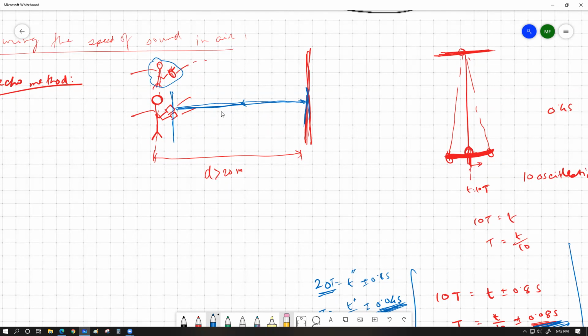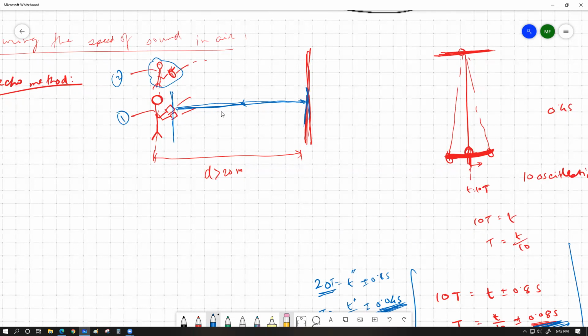This person is supposed to measure the time, because the sound has to be made by two sources. So it would not be very recommended to have only one person do the experiment. Let's say this is student one, this is student two. Once student one hears their echo, they're going to clap again in such a way that student one will try to match the clapping to the exact time they hear the earlier echo.